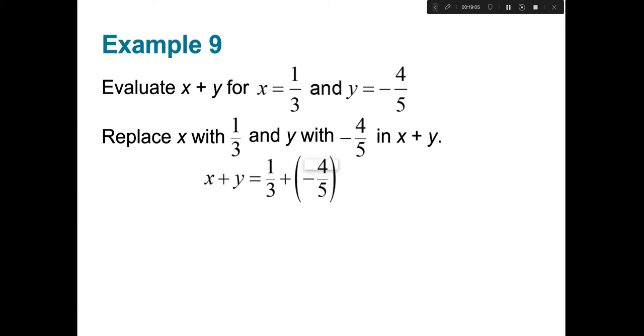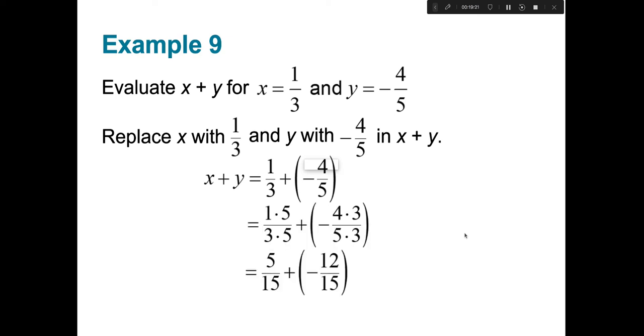So after we replace those, we have 1/3 plus a negative 4/5. What is our common denominator for 3 and 5? 15. Whatever I do to the bottom, I also have to do to the top.